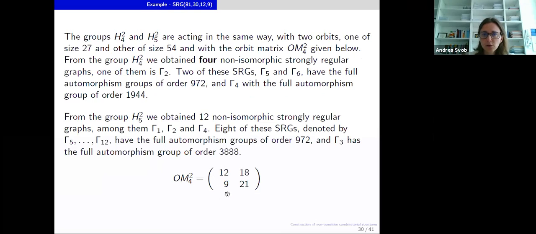And from this orbit matrix and from these 2 subgroups, we obtained 4 non-isomorphic strongly regular graphs for H4: gamma 2, which is the graph from which we started, gamma 4, gamma 5, and gamma 6, 2 of them having full automorphism groups of order 972 and 1944, while for H5 we obtained 12 non-isomorphic strongly regular graphs, and one of them has full automorphism group of order 3888.